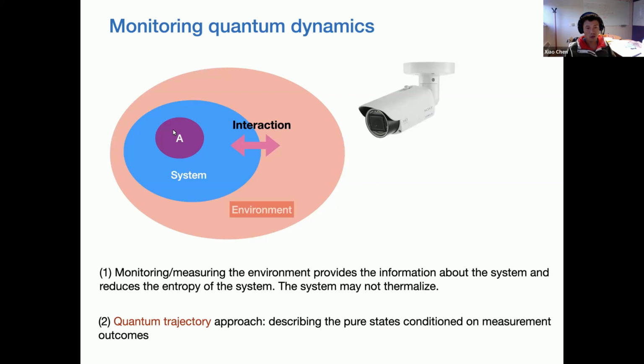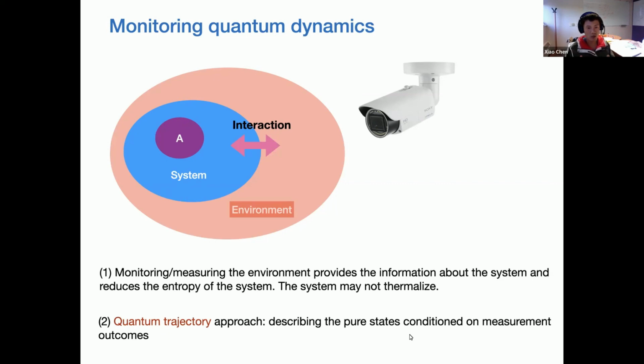A typical approach to understand this physics is through the quantum trajectory language. We now consider the pure quantum state evolution of the system, and this evolution is conditioned on the measurement outcome.